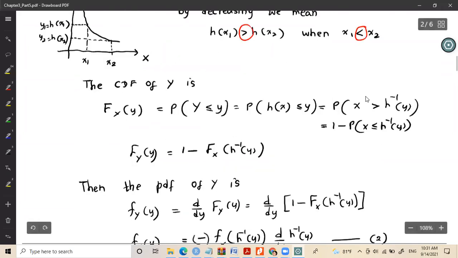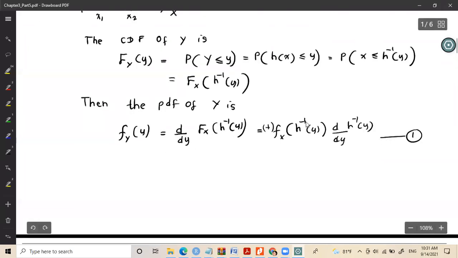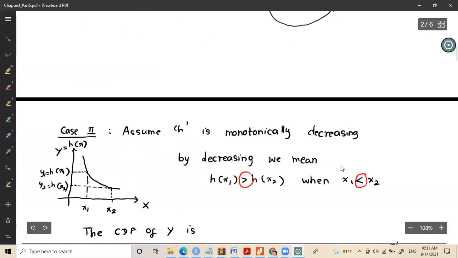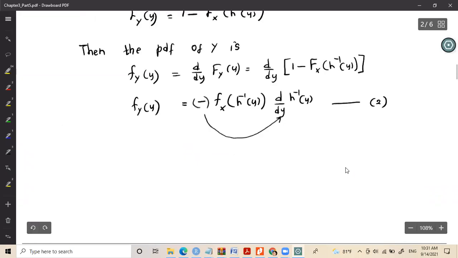In the same manner, it doesn't matter with the positive, but this will also go with d over dy, because anyway f_X is positive. Now that means we can combine 1 and 2 by considering both the positive and the negative of d over dy. And that is how you incorporate the absolute value.